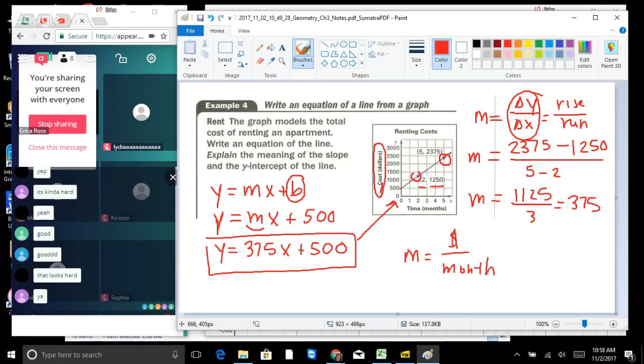So your $375 per month represents basically your rent. So you can graph your rent with a linear equation.